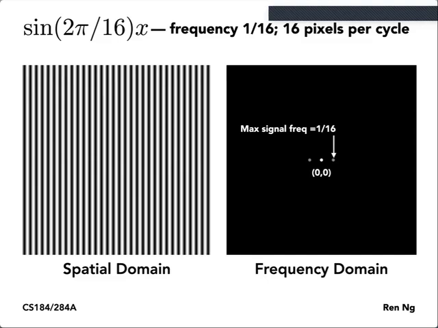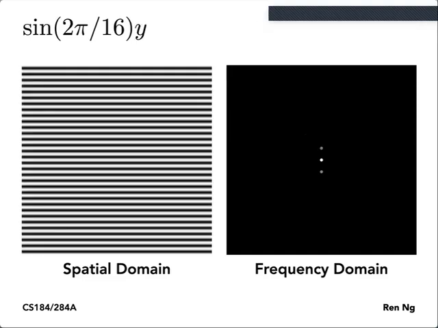That's why the frequency that carries that energy is located at a displacement in the x direction in the frequency domain. The higher the frequency, the further we go in x, the faster the variation would be in the x direction in the spatial domain, and conversely for the y direction. I hope that helped. If it didn't, let's take it up more slowly in office hours too. I'm happy to chat.